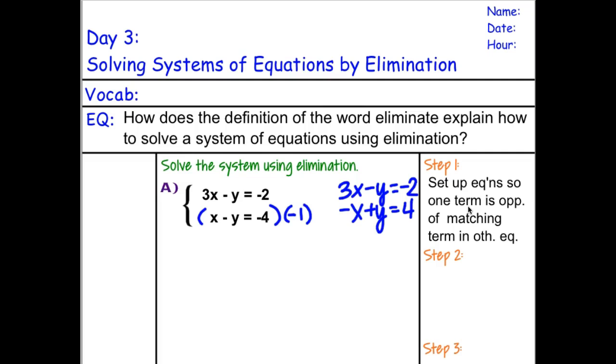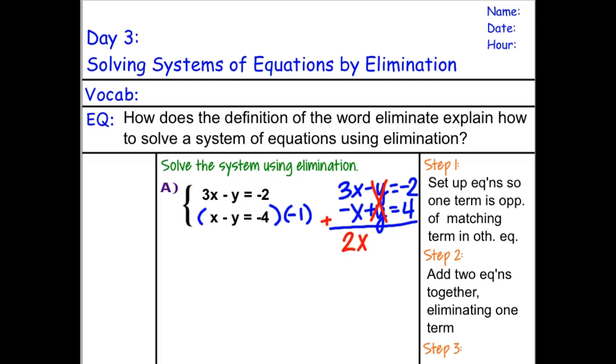So then I can add those 2 equations together. And the reason why I want my signs opposite is so one term eliminates. So 3x plus -x is going to be 2x, and -2 plus 4 is 2.